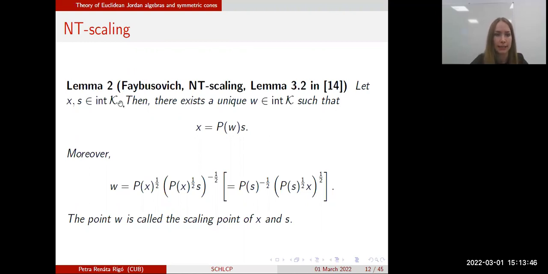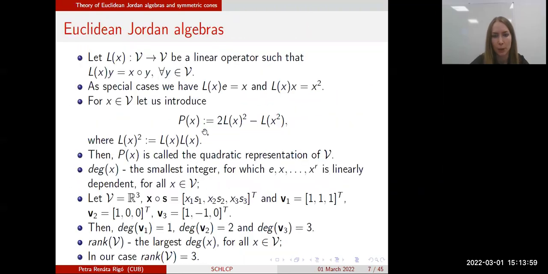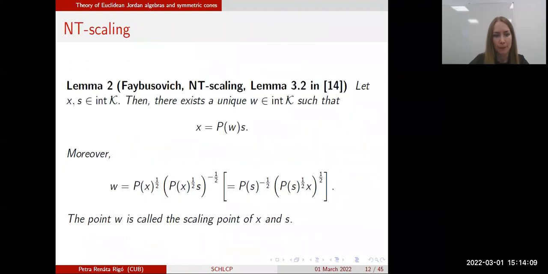So let x and s be from the interior of K, then there exists a unique w from the interior of K such that x is equal to this, where this is the quadratic representation of V that was given at the beginning of the presentation by using this linear operator L. And w is called the scaling point of x and s, and it can be given in these two ways.